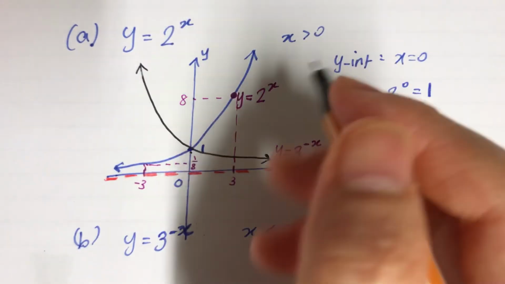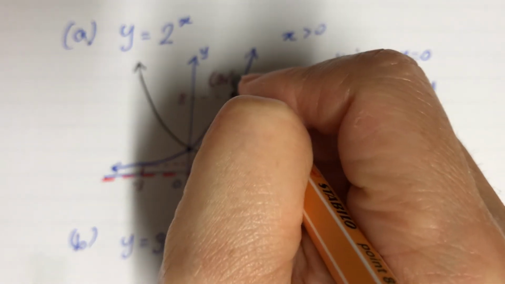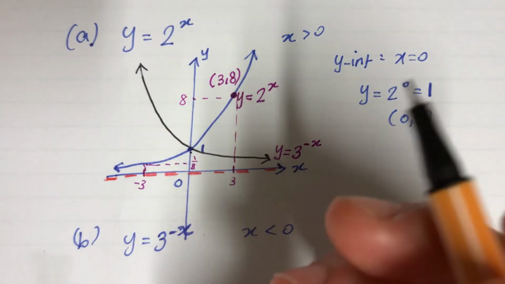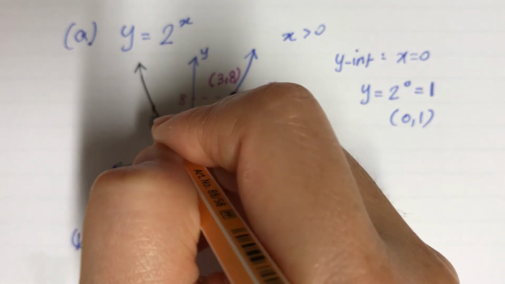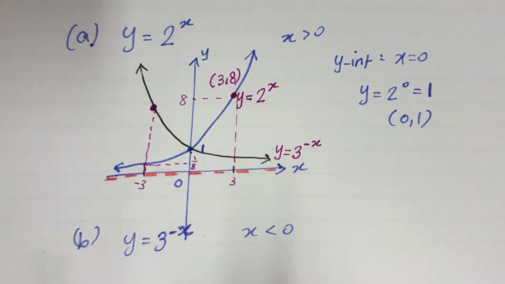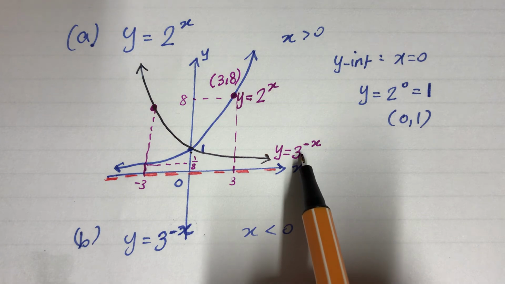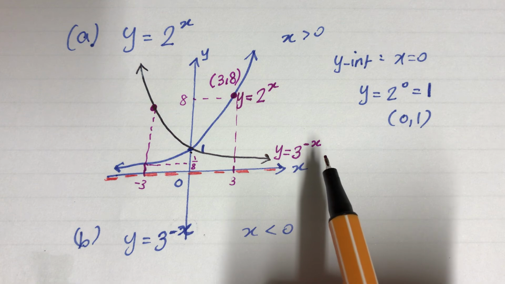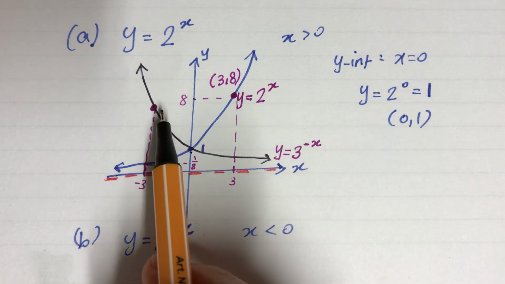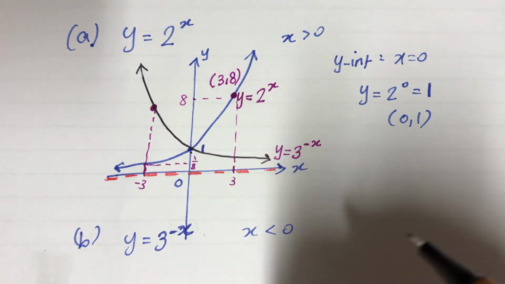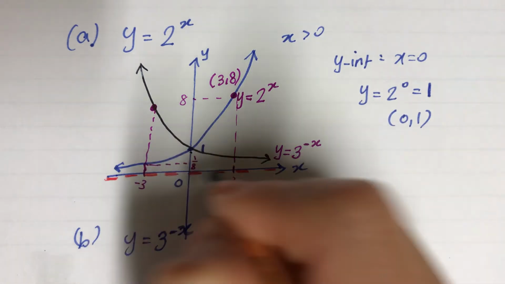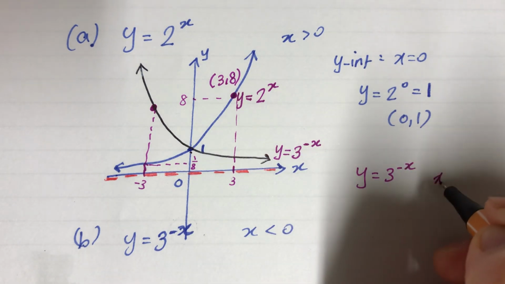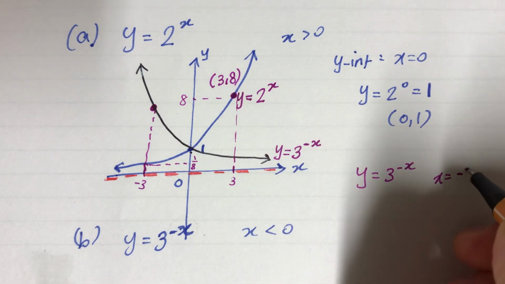It's also good to put some points on your graph, so you know what to look for. When x equals minus 3, what will happen to this? So y equals 3 to the power of minus x, and x equals minus 3.